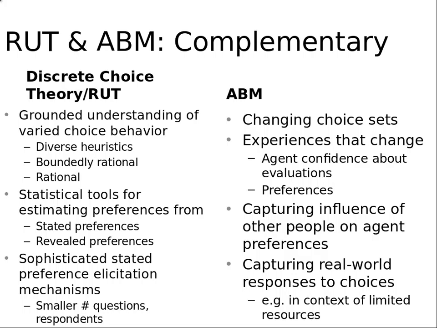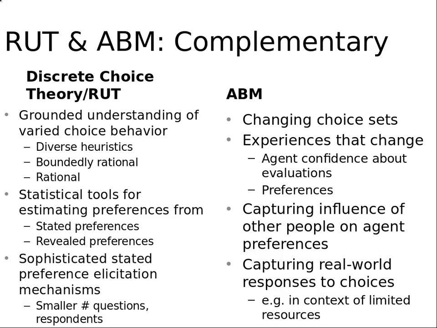Random utility theory also provides us a quite articulated and refined set of tools for estimating preferences on the part of agents through very artfully chosen survey questions with a smaller number of respondents than might naively be thought to be required. And the Center for the Study of Choice particularly specializes in tools for crafting elicitation methods using what are called stated preference methods, or stated choice methods, as opposed to revealed preference data, which can come from observation of actual behavior, such as through our smartphones.